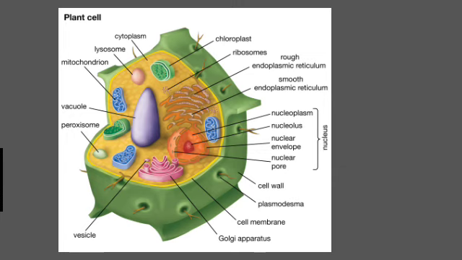A cell is able to live and perform all functions because of these organelles. These organelles together constitute the basic unit called the cell. All cells are found to have the same organelles no matter what their functions are or in what organisms they are found.